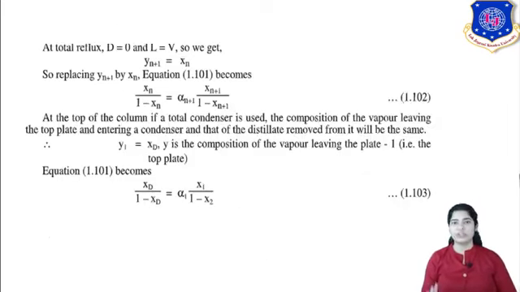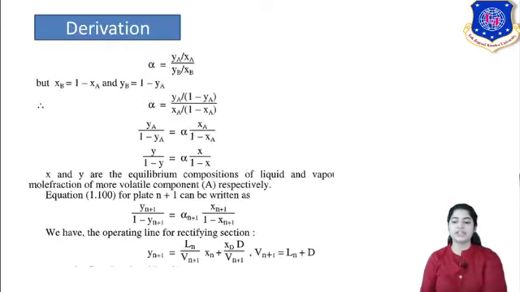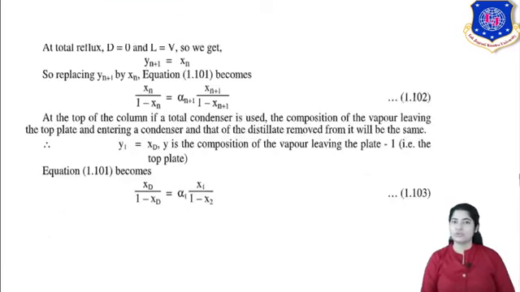Now at total reflux condition, D is equal to 0 and liquid is equal to vapor. So D is equal to 0, hence Vn plus 1 is equal to Ln. So your yn plus 1 is equal to xn. Clear? That way you did your derivation. Now you substitute xn in place of yn plus 1, and you get equation 1.102.